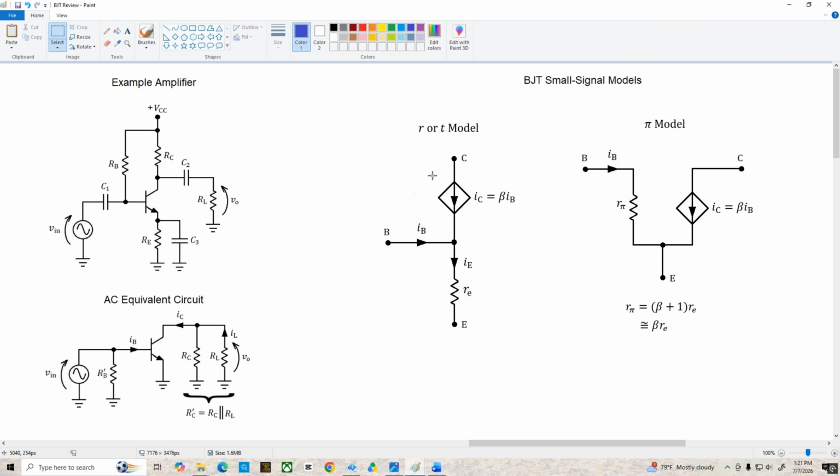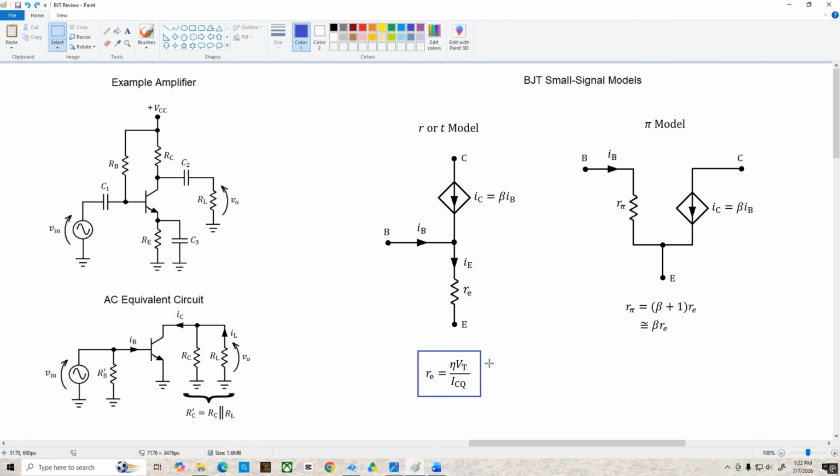In this case, the collector side of the circuit is a current-controlled current source, IC equals beta times IB, and the emitter side of the circuit is the dynamic emitter resistance of the forward biased base-emitter junction. We're calling that little re, and it's defined as eta times Vt over ICQ. And remember, very often we'll assume eta equals 1, so it's Vt over ICQ. And remember, Vt is about 26 millivolts at normal operating temperatures.